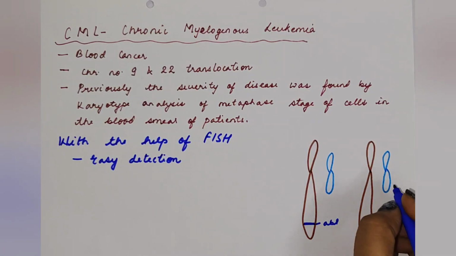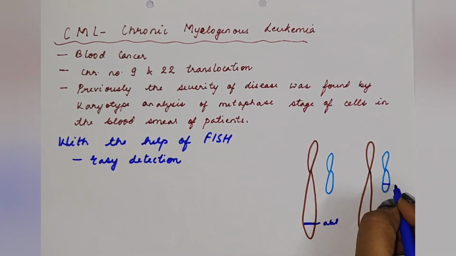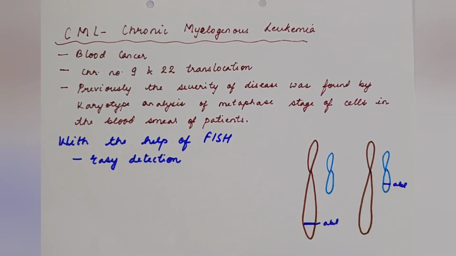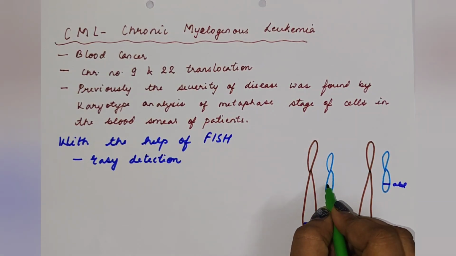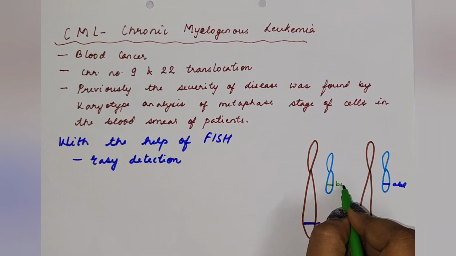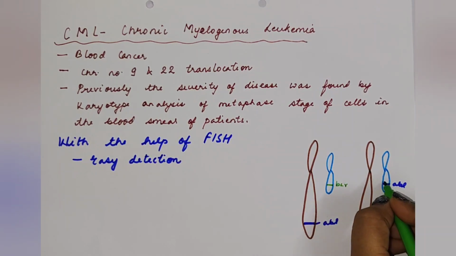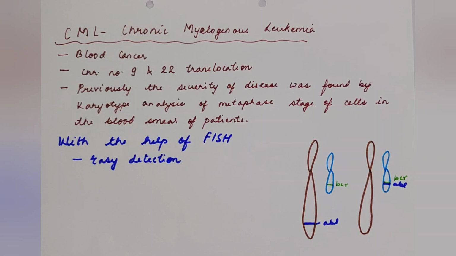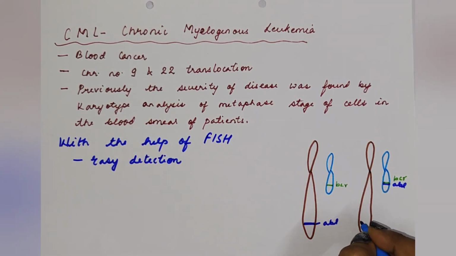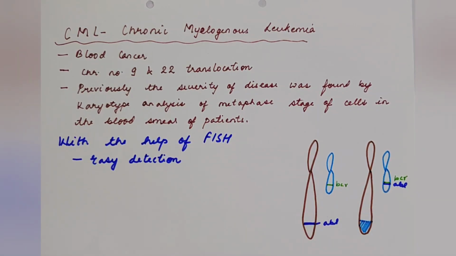Now during translocation, the lower part of chromosome number 9 which contains the ABL gene breaks off and gets translocated to chromosome number 22, whereas the upper part of chromosome number 22 breaks off and gets joined to chromosome number 9.